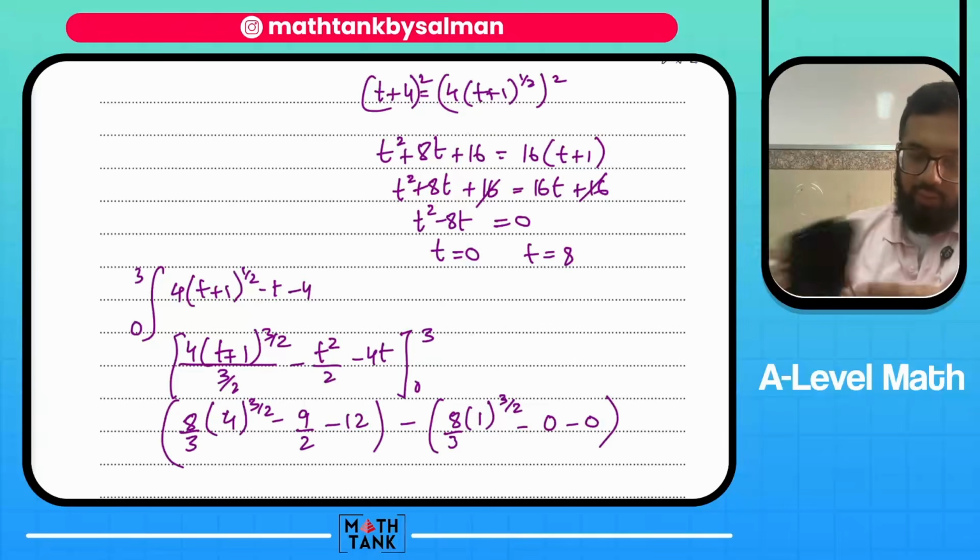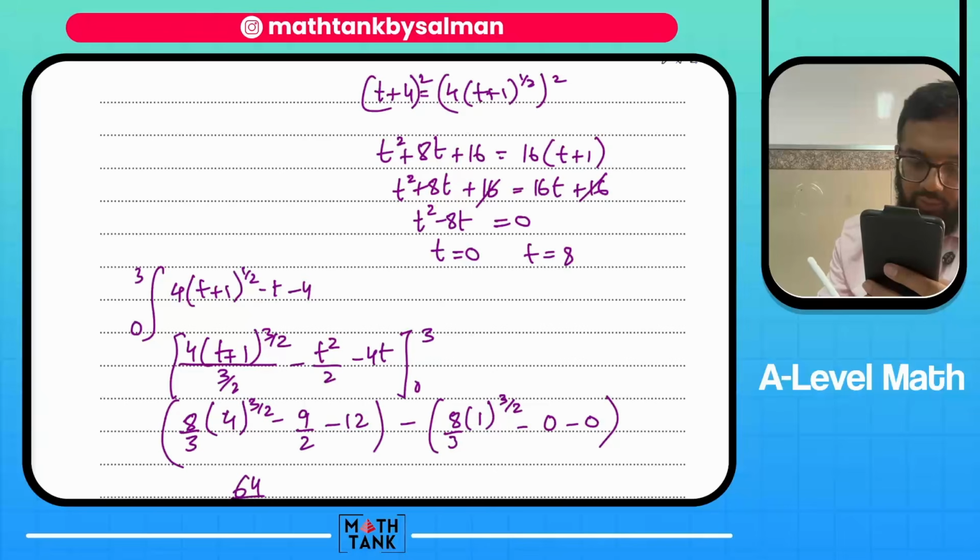Okay, let's do this on my calculator now because I think it's going to become tougher. That's 64 over 3 minus 9 over 2 minus 12 minus 8 over 3.